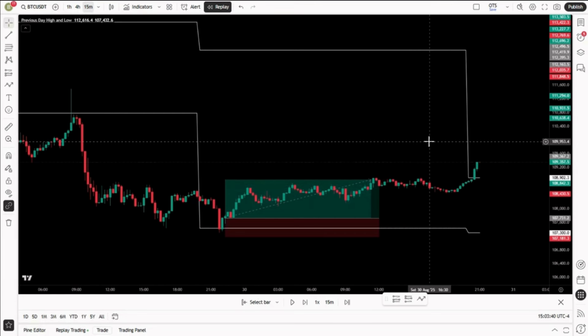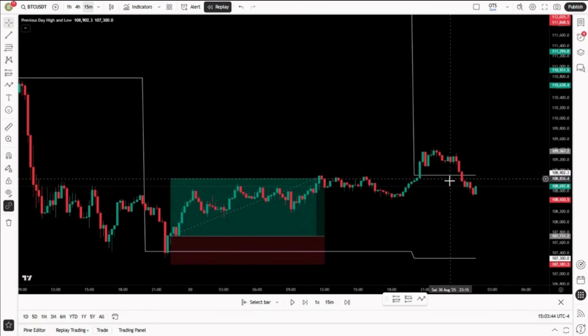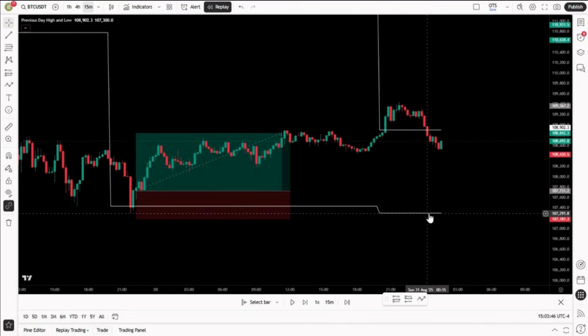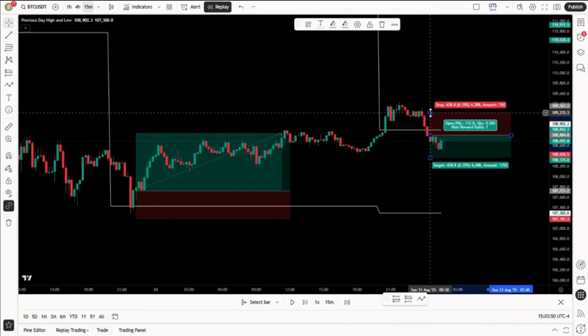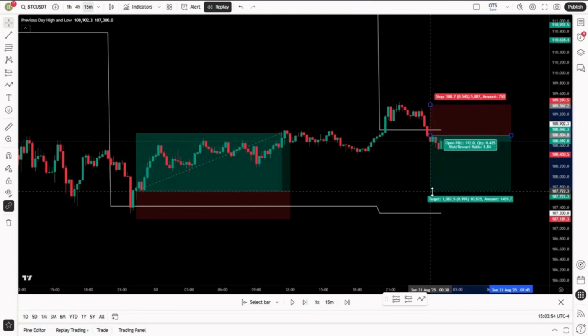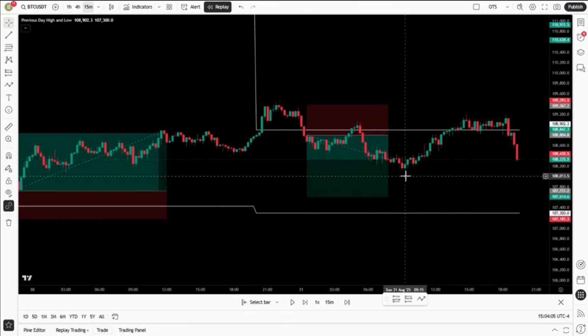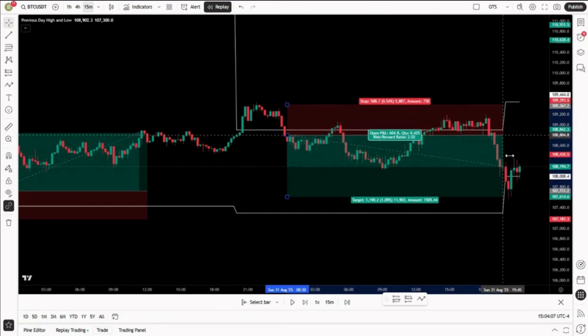Now we have a new trading day. This line marks the previous day's high and this one marks the previous day's low. We can enter a short position. Place the stop loss at the swing high and aim for a 2RR. And price hit our take profit.